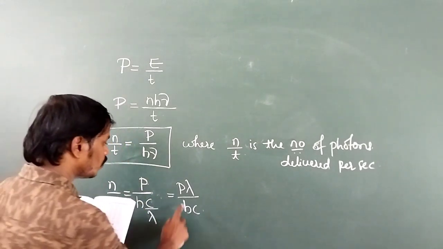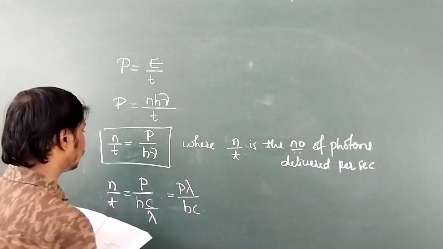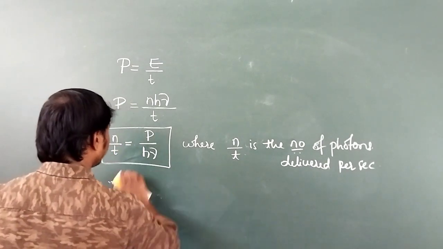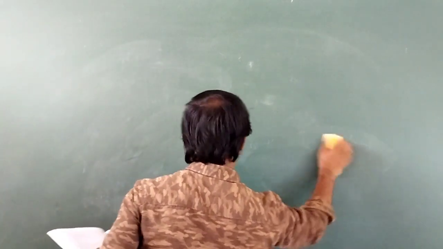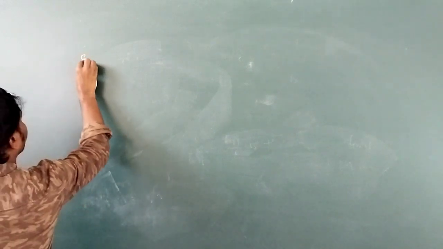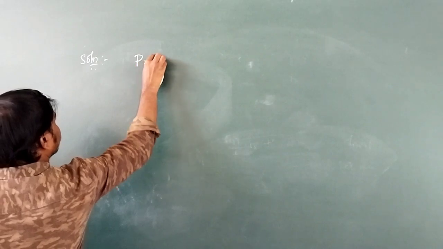What is given? Power and wavelength are given. First I will write the given values. Solution: power is 100 watt.